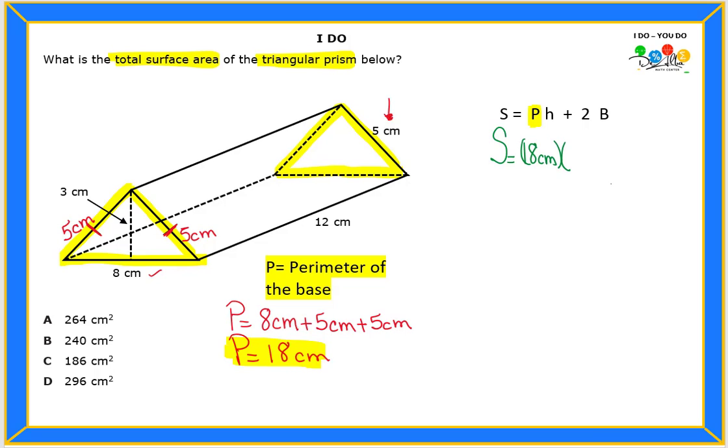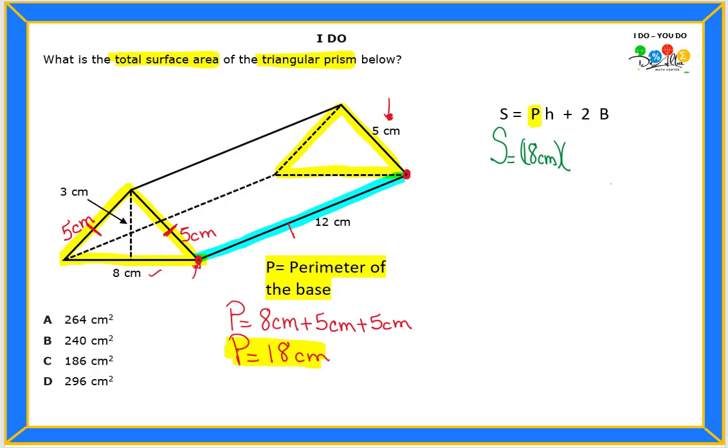So if you think that this line could be the height, you are correct. Because notice how 12 is actually the distance from this point, which is right here, to the opposite corner of the other triangle. You guys see that?